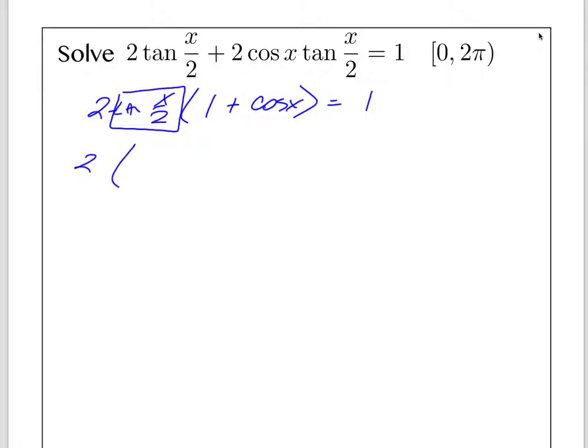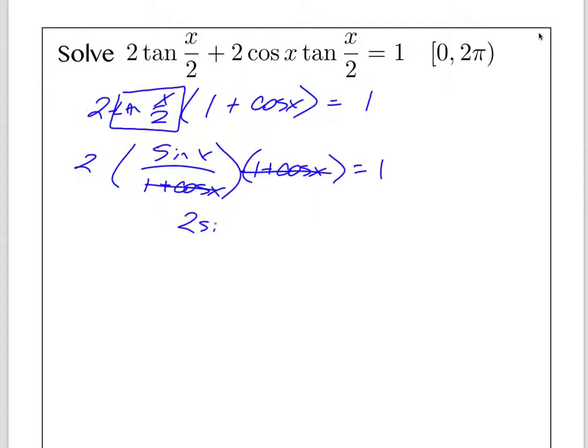So I want 2 times sine over 1 plus cosine, over 1 plus cosine. And then they cancel.